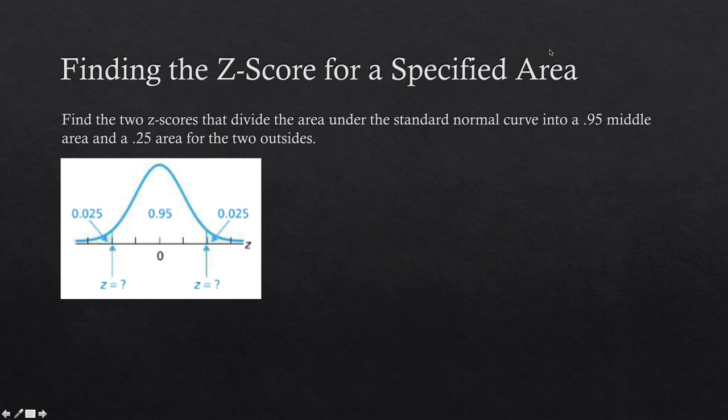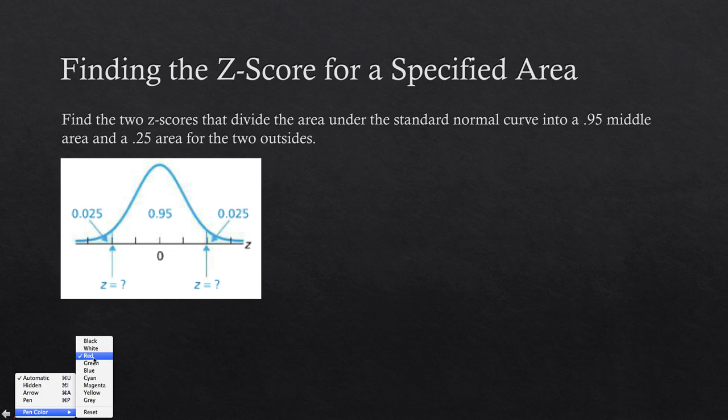Alright, so last but not least, notice what we have here. We've been given this area in the middle, and so find the two z-scores that divide the area under the standard normal curve into a 0.95 middle and a 0.25, or that should say 0.025.